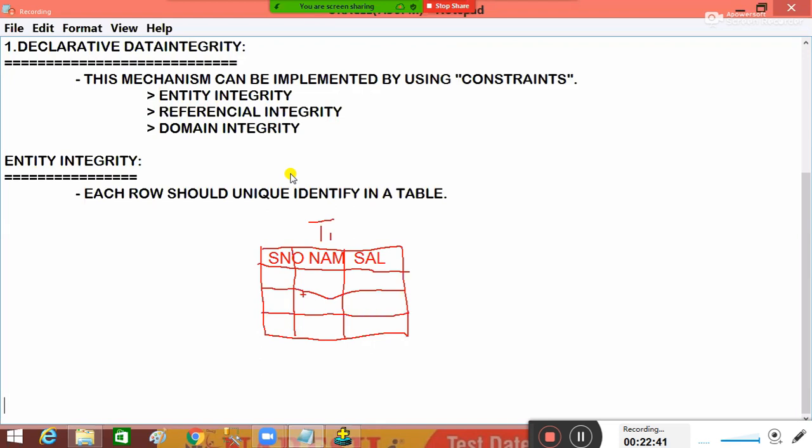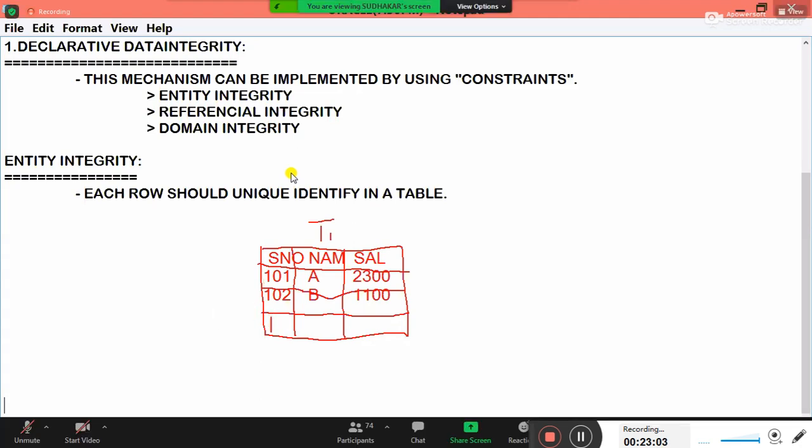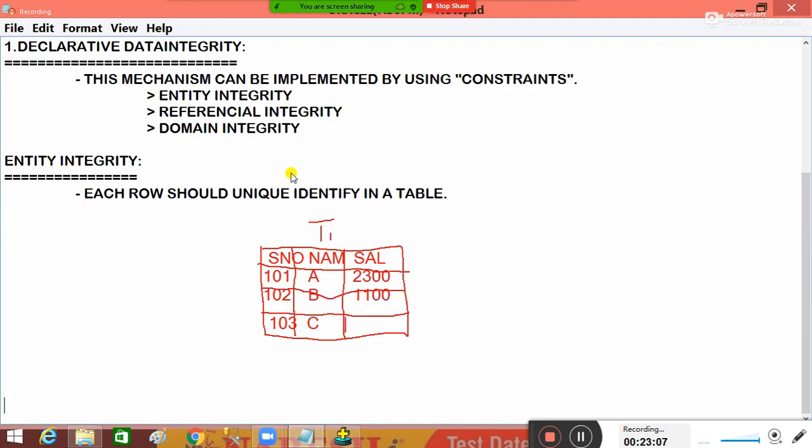Suppose I inserted 3 rows. First row, 101, some name A, some salary. Next one is 102, B, and some salary. Next one is 103, C, some salary.